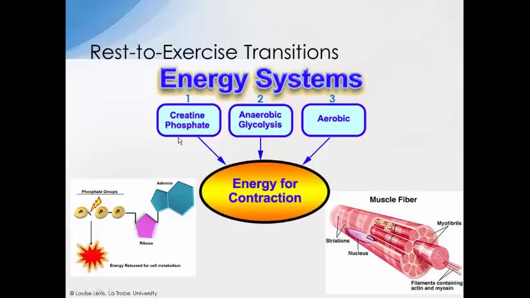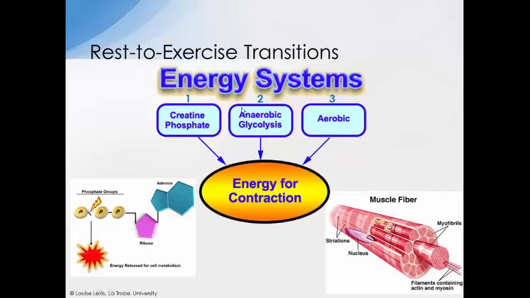The first system activated is the creatine phosphate system, or phosphocreatine system. So that's initiated first and supplies the ATP for contraction. Anaerobic glycolysis is then activated, supplying the ATP for muscle contraction. And then finally, the aerobic pathways are activated, supplying energy for muscle contraction.